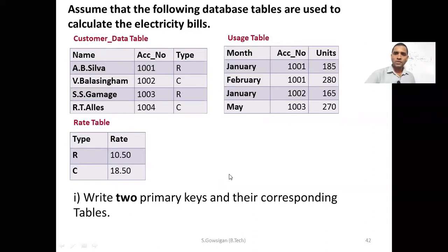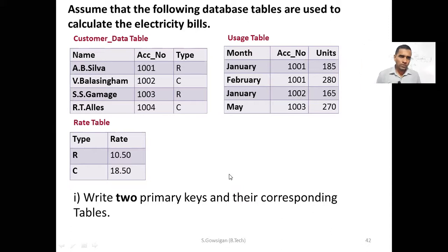Write 2 primary keys and their corresponding tables. This is the first question in all the past papers, right? There may be 4 or 5 sub questions in this database. This should be the first question, asking the primary key along with the table.